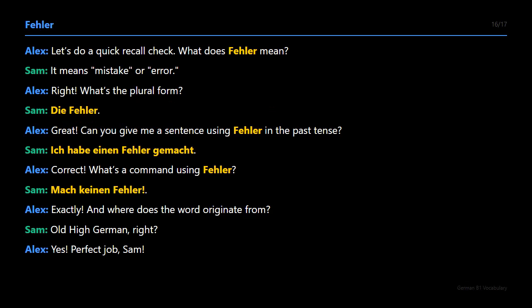Ich habe einen Fehler gemacht. Correct. What's a command using Fehler? Mach keinen Fehler. Exactly. And where does the word originate from? Old High German, right. Yes.